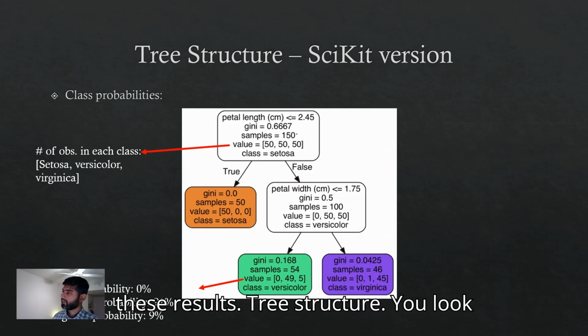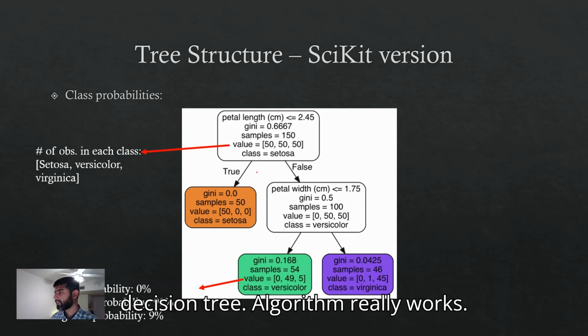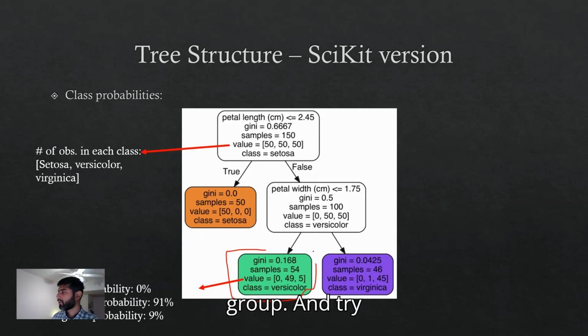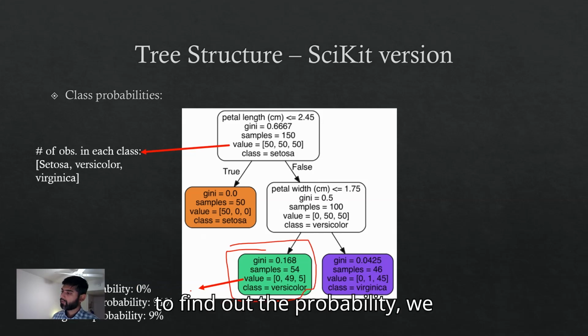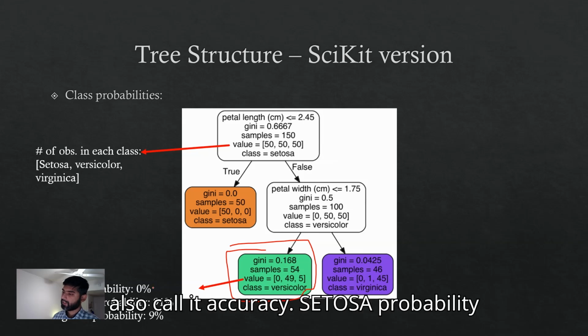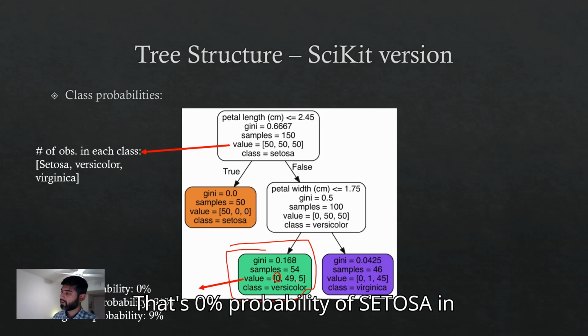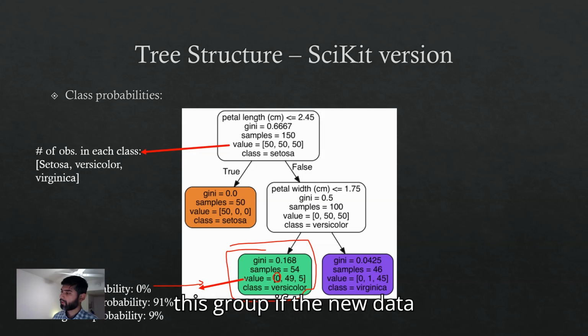Tree structure. You look at this tree structure, that's how the decision tree algorithm really works. For example, let's look at this data group and try to find out the probability. We also call it accuracy. Setosa probability is 0% in this group. 0 over 54, 49 plus 5 is 54. That's 0% probability of setosa in this group.